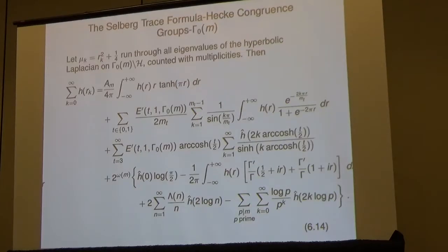In a similar manner, I'm just going to go quickly for the Hecke congruence groups. Essentially, what you have is an identity term, elliptic term, hyperbolic term, and then a parabolic term sitting on the end.